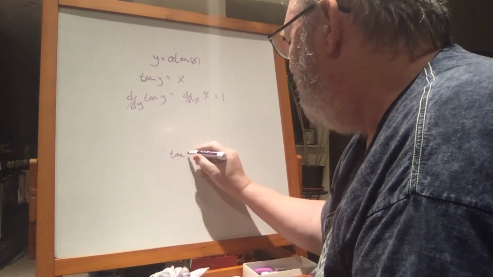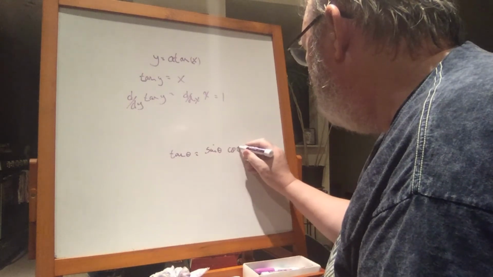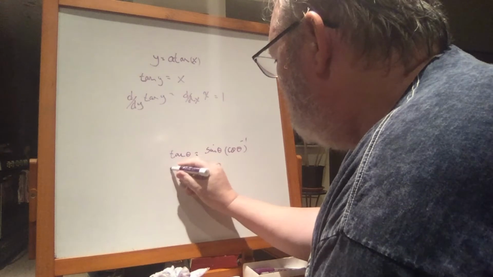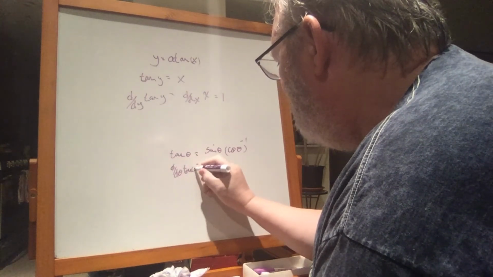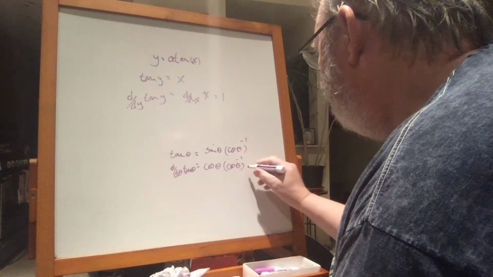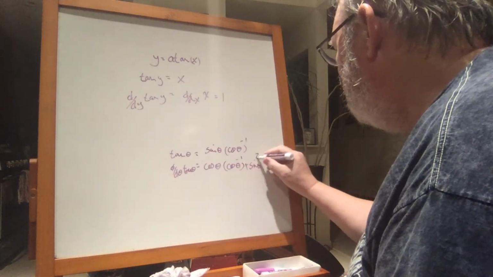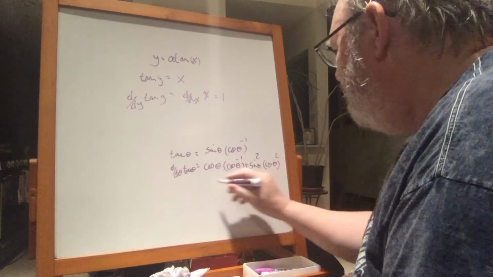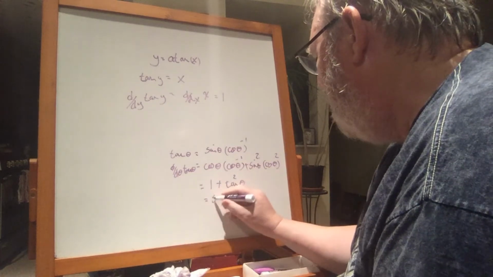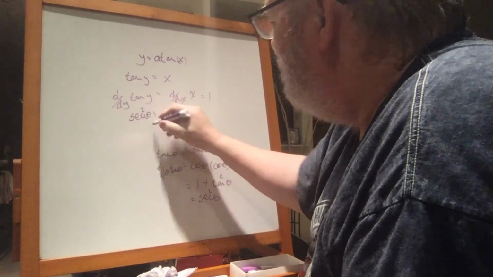Okay, the tangent theta is equal to sine theta over cosine theta, and the derivative of tangent theta equals cosine theta times cosine theta minus sine theta times minus sine theta, over cosine squared theta, which is equal to 1 plus tangent squared theta, equals secant squared theta. So this was secant squared theta.